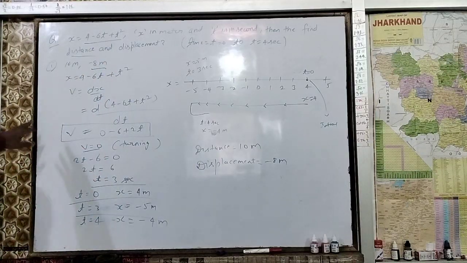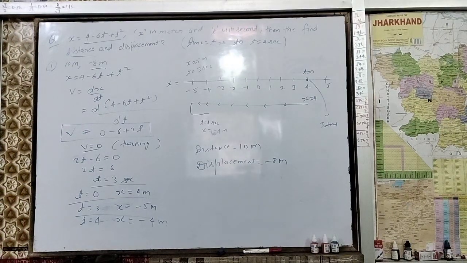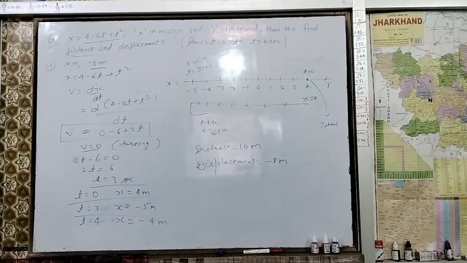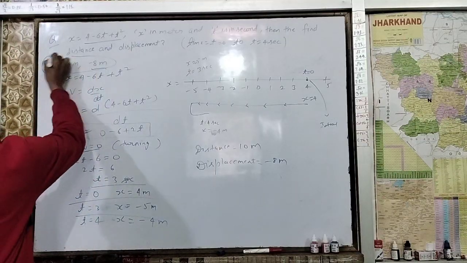This is our answer, isn't it? 10 meters is the distance, displacement is minus 8 meters. Yeah, this is our answer. Now, let's understand again. This is our answer, brother.